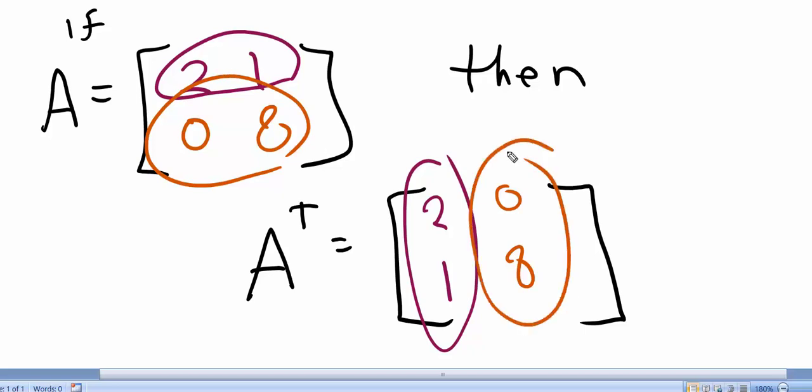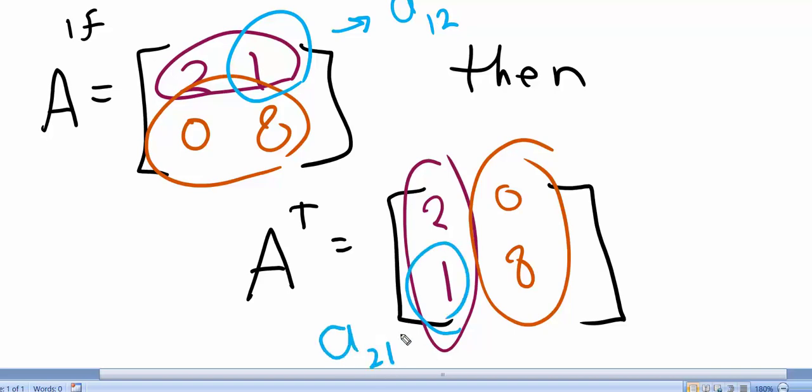So whereas in the first matrix A1,2 was 1, row 1, column 2 was a value of 1. When I look at the transpose, this blue one for example is A1,2. That number became A2,1. So the row and the column actually switched. Those positions actually switched. Okay.